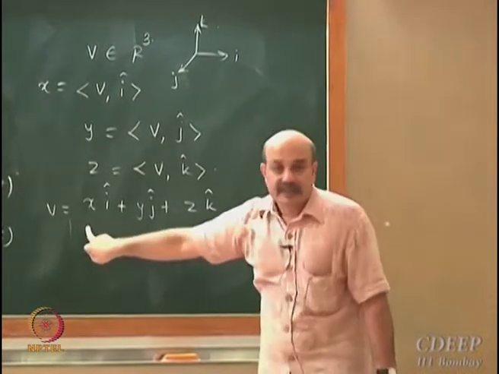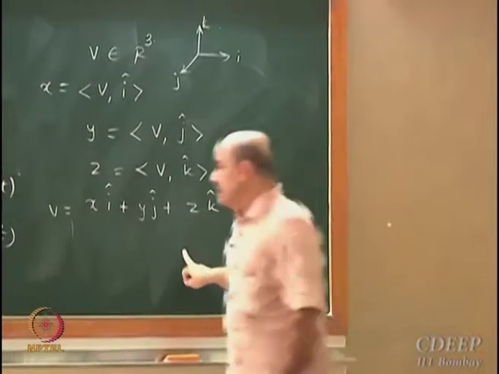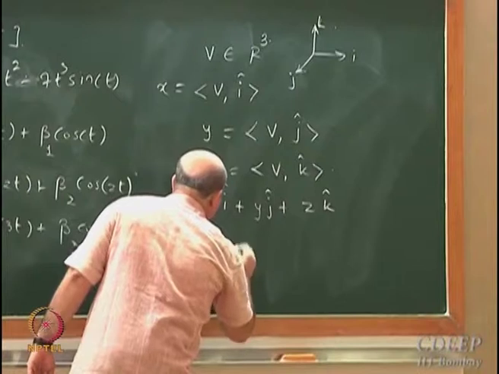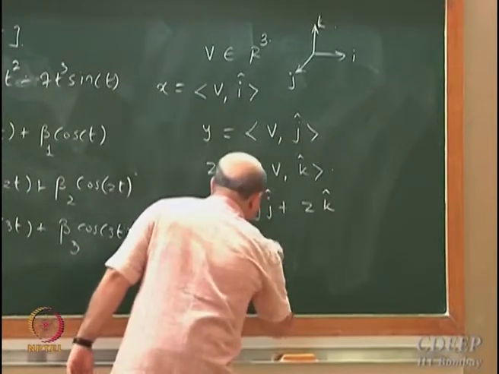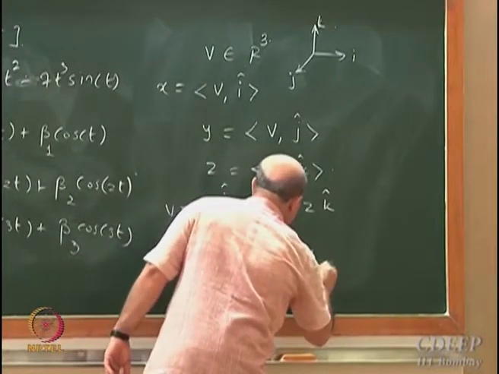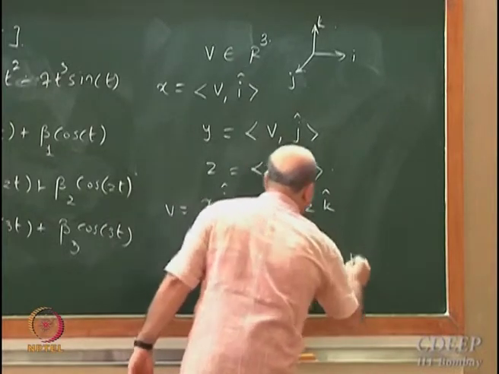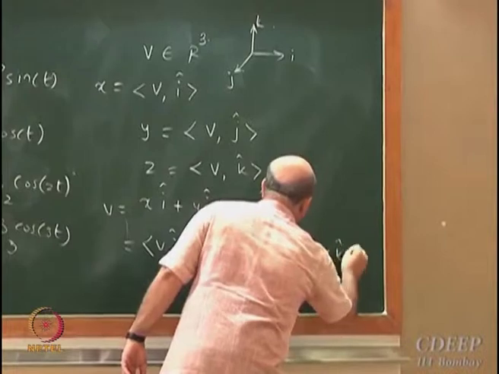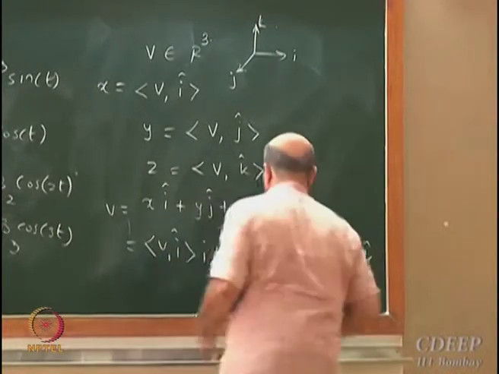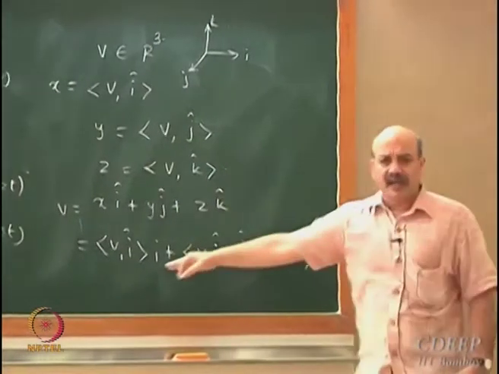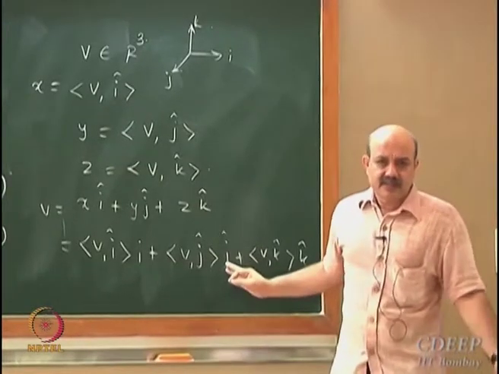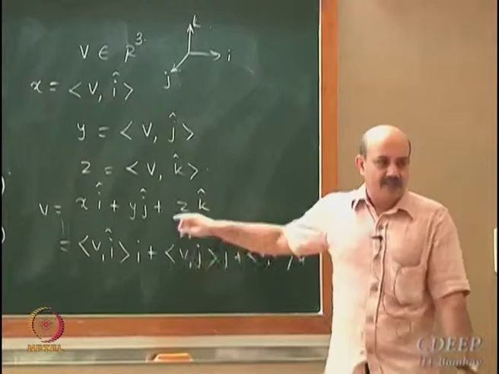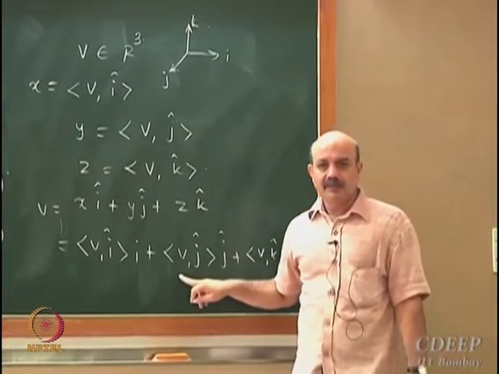But this writing is the same as the inner product of v with i, plus the inner product of v with j, and so on. I could as well write it like this, right? This and this are the same. You agree with me?